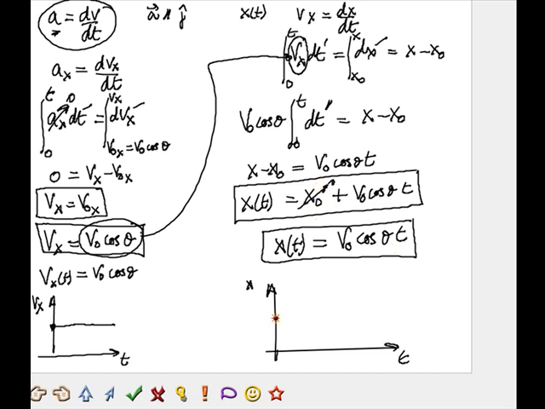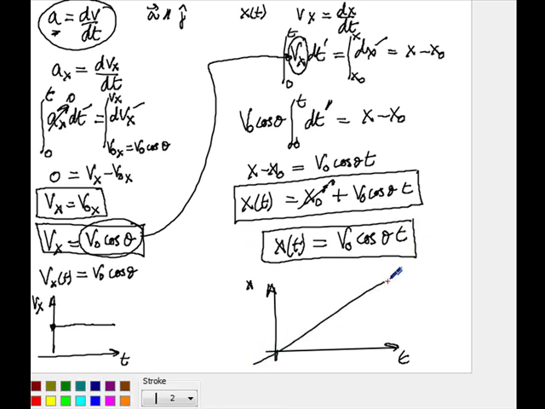In my case, x naught is 0, so I'm going to start at the origin of my coordinate system. My slope is obviously positive if my theta is between 0 and 90, and therefore I would expect a straight line, because again, this looks like a straight line, mathematically. So I expect something like this. Okay? Questions so far?